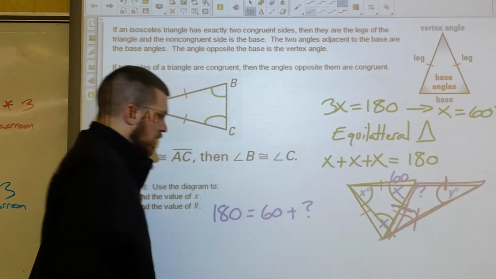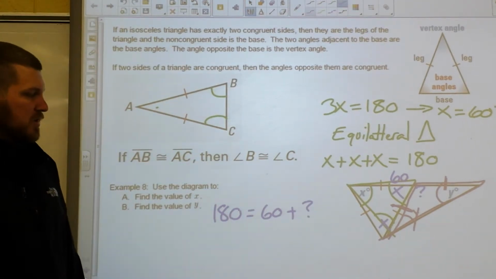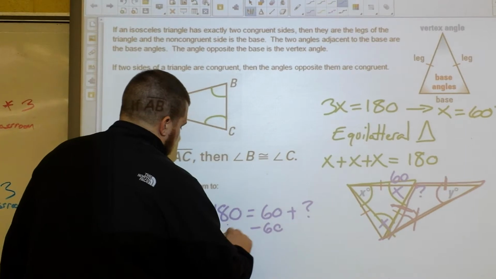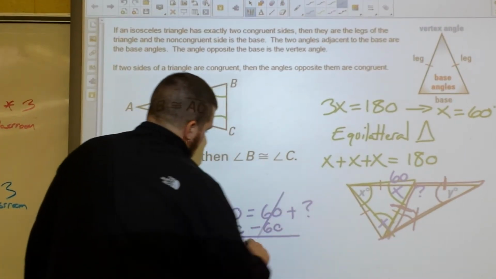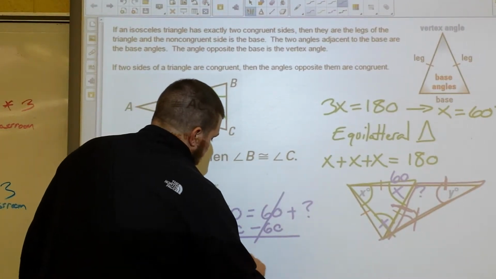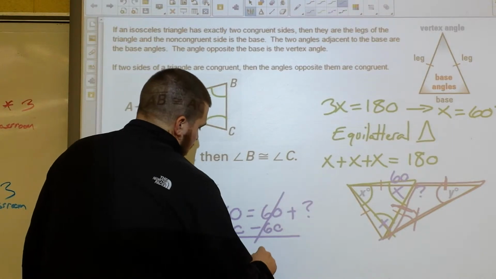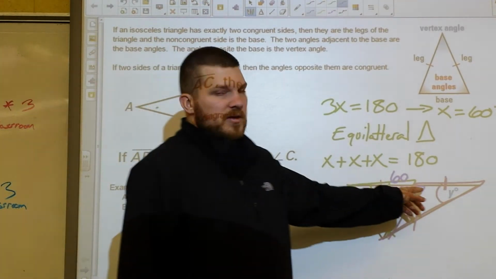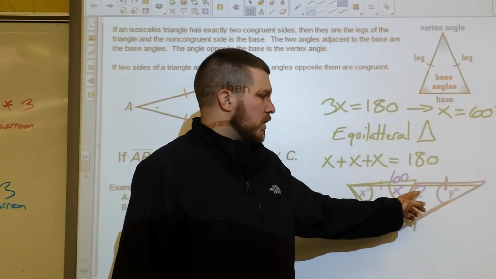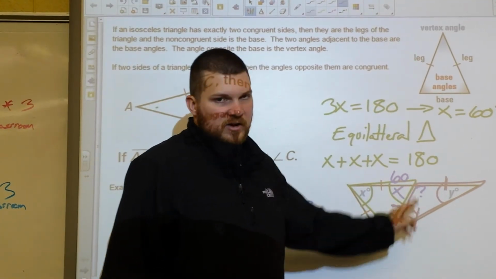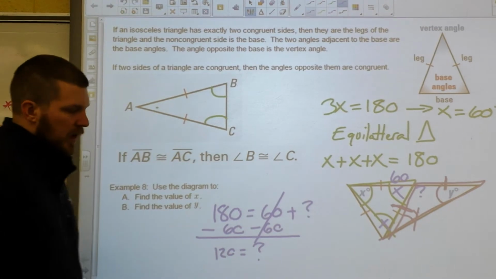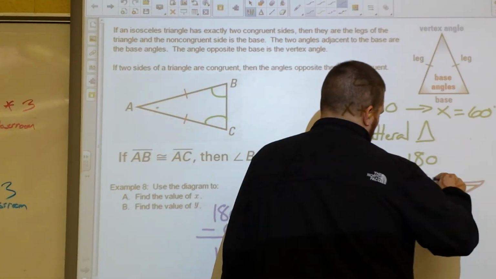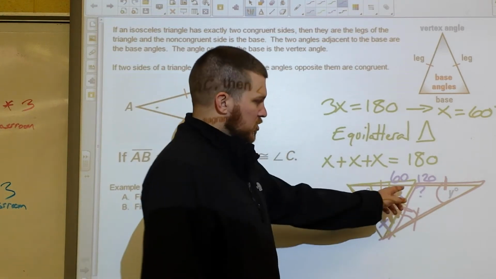Well, I want to get that mystery angle by itself, so I'm going to subtract 60. Those cancel out, so I have 120 degrees equal to our mystery angle. I just represented that with a question mark. You can call that Z, you can call that A, whatever variable you want. You can do a smiley face if you want. So I know that this angle is 120 degrees in the purple triangle.